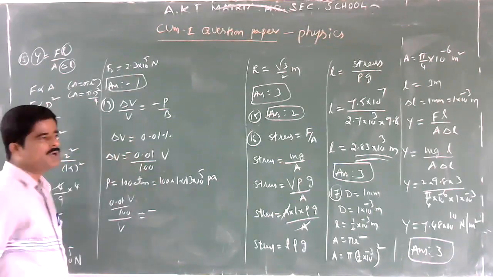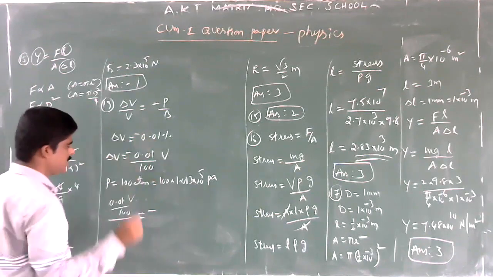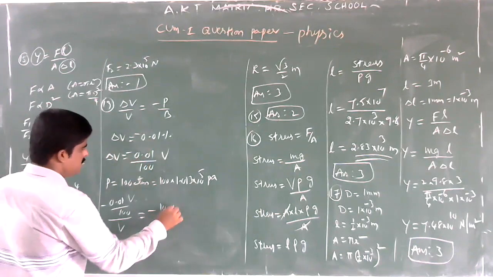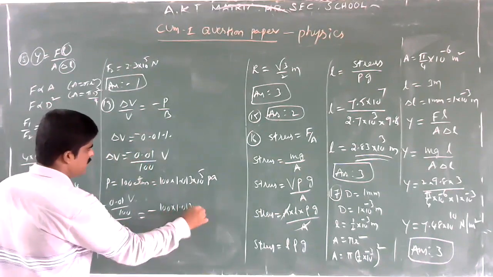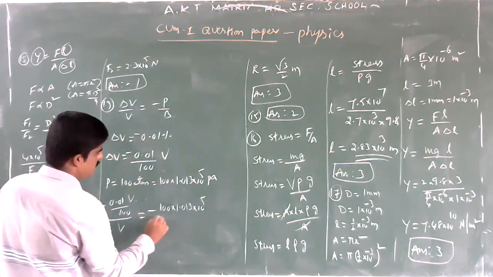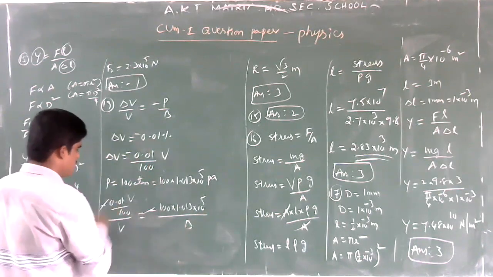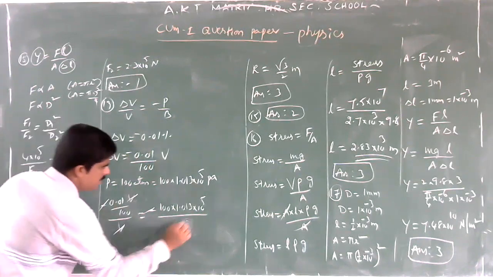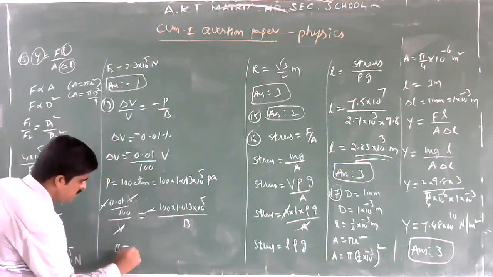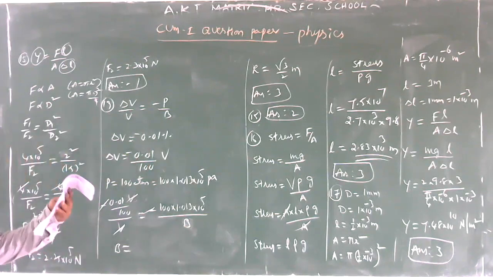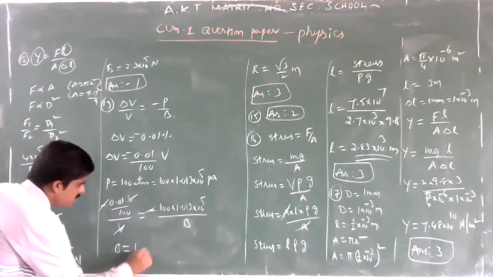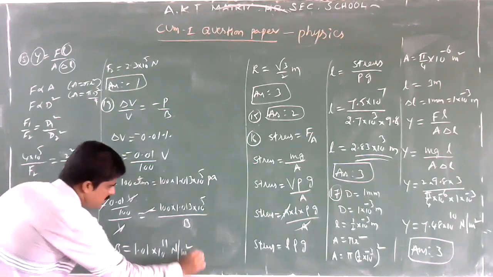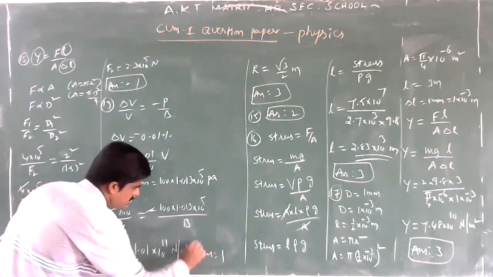Why? Because volume decreases, it contracts. Minus P equal to 100 into 1.013 into 10 to the power of 5 divided by bulk modulus. Negatives cancel, V gets cancelled. Simplify this and you will get bulk modulus P is equal to 1.01 into 10 to the power of 11 Newton per meter square. The answer is first option.